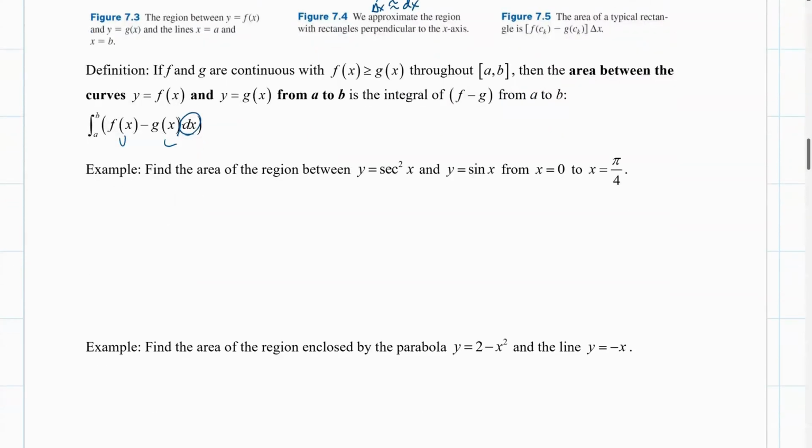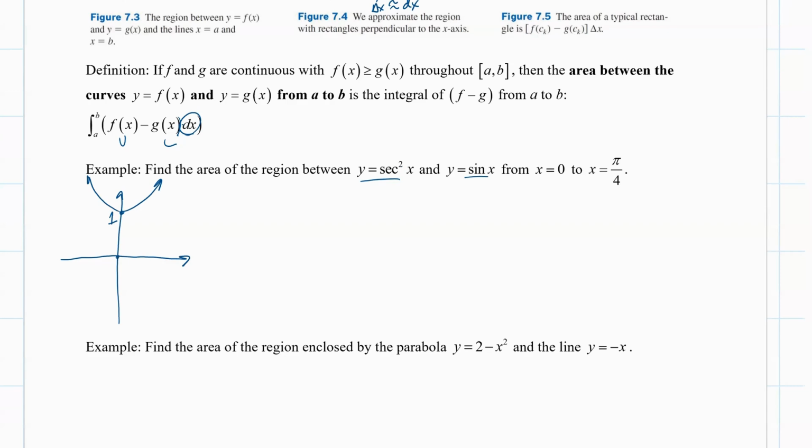Almost always with these problems we're going to need to draw out the space that we're talking about. So, for example, if we are talking about this area between the secant squared curve and the sine curve, well, I know that the secant curve starts at 1, secant squared will start the same, and has an upward slope there.